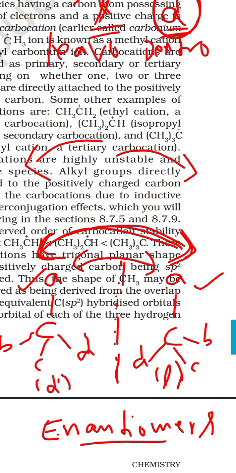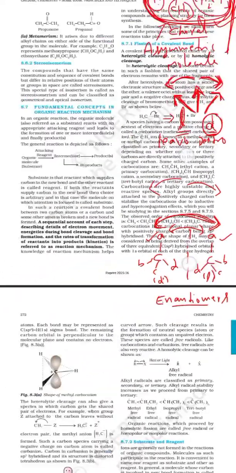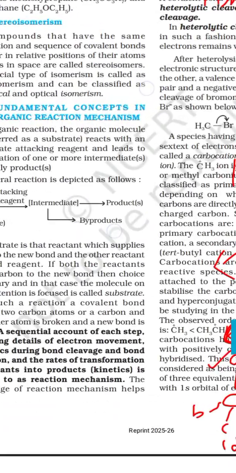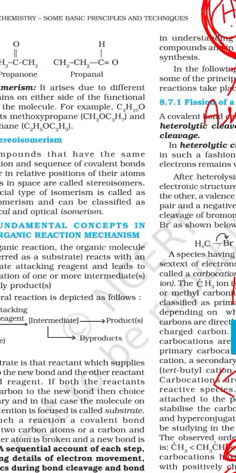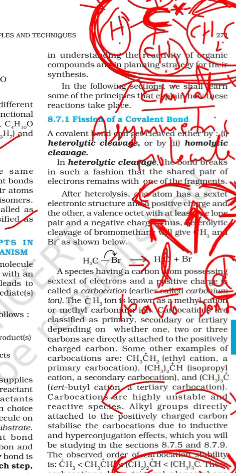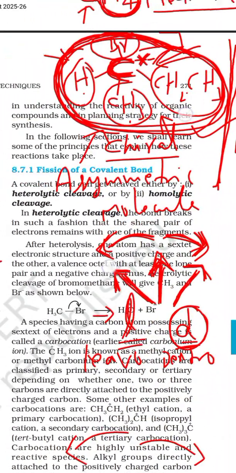This is not given this much depth in this textbook. Only a small paragraph is given about stereoisomerism, but we need to know the examples of geometrical isomerism and optical isomerism. So we discussed all these points here.